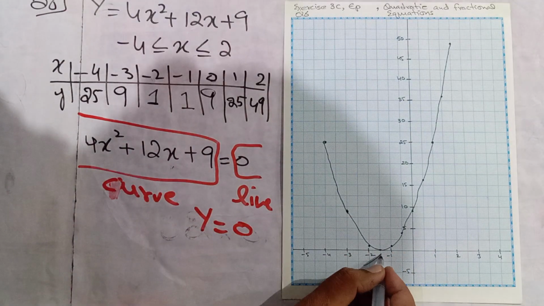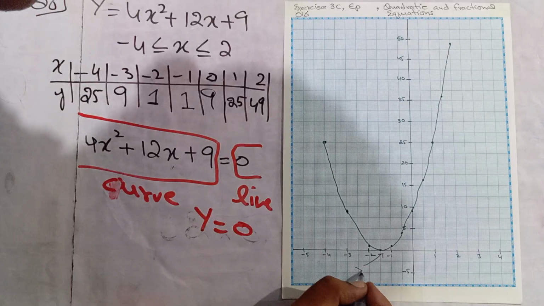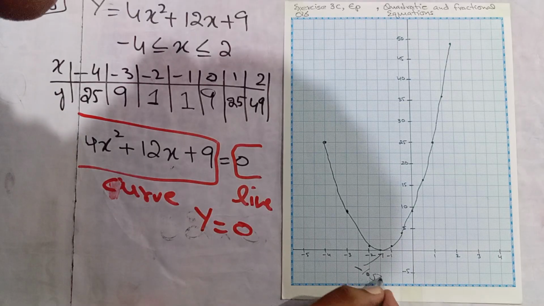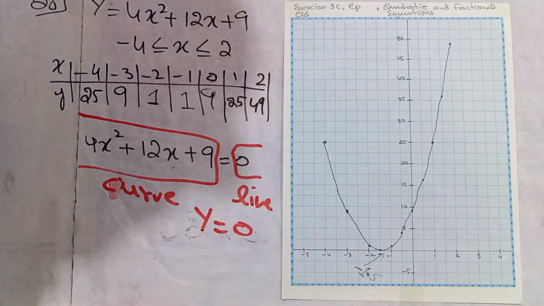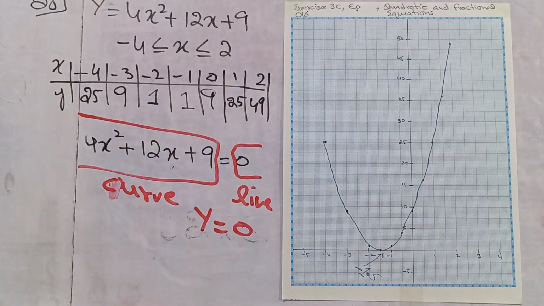So what is this point? Here the value is minus 1.5. So the solution of this will be only a single point. This will be only one x value, and that will be minus 1.5. So I hope that this is right. Let's check the answer, sir.